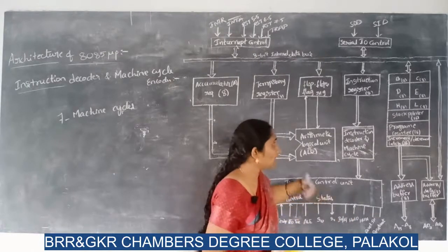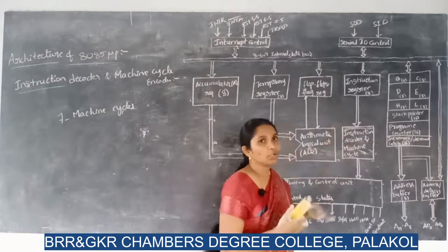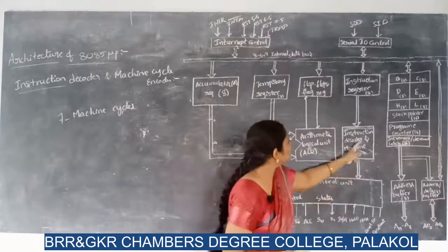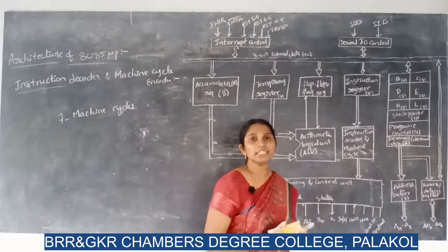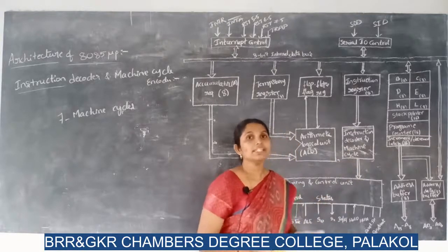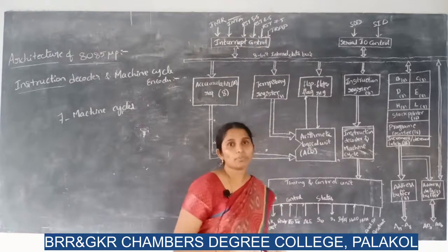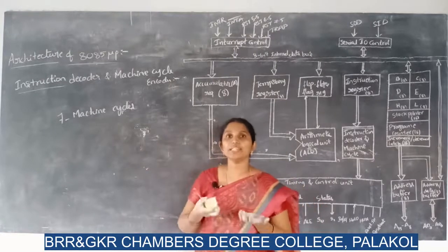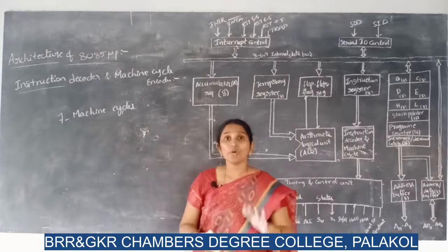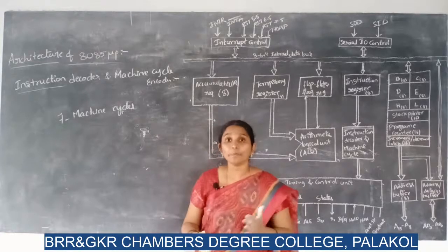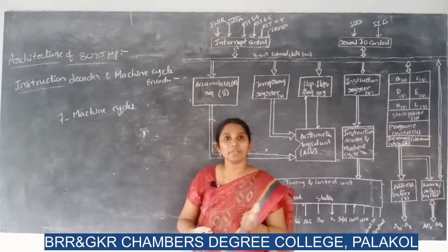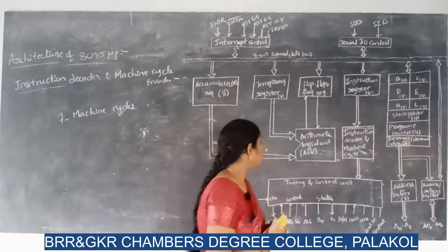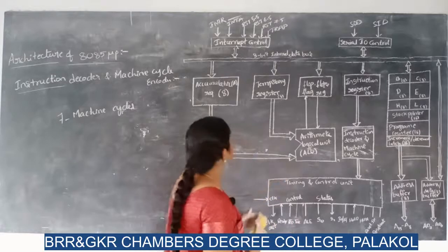Okay, and after that this is a machine cycle encoder. So an 8085 microprocessor can perform 7 types of machine cycles. So whatever current operation is performed by the microprocessor, that is nothing but a machine cycle.